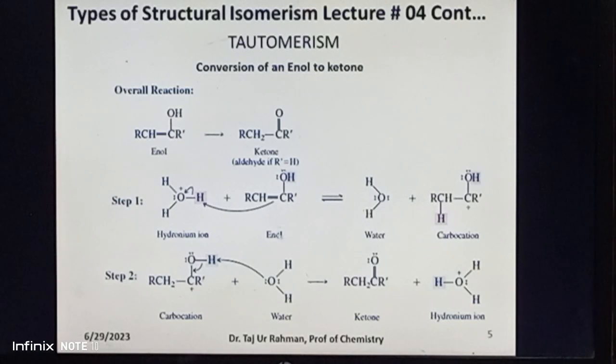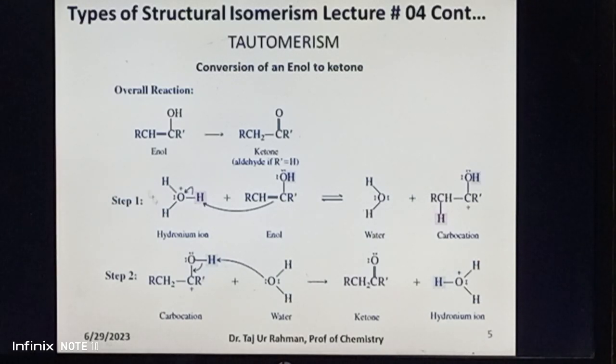As shown in this mechanism, this is an enol and it can be easily converted to this ketone or aldehyde as shown in this overall reaction. If R prime is hydrogen, the product formed here will be an aldehyde. If this R prime is an alkyl group, then the product formed here will be a ketone.